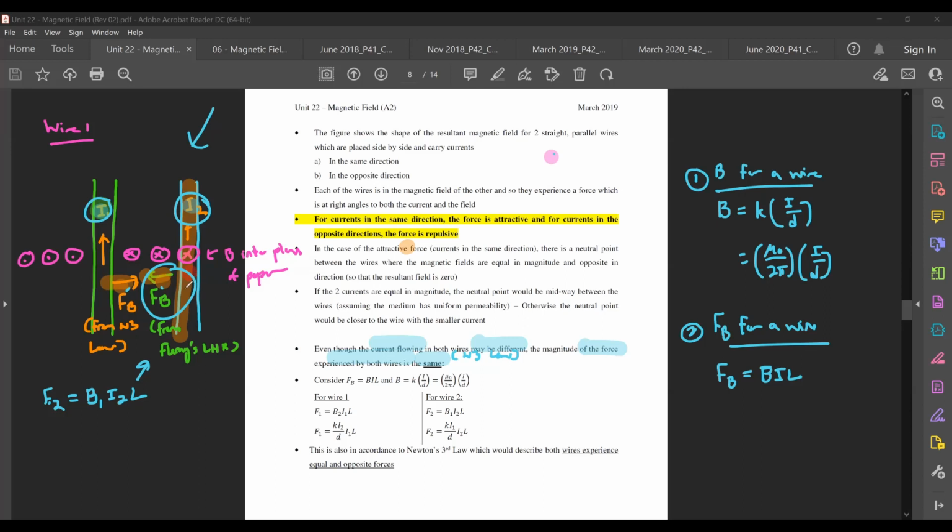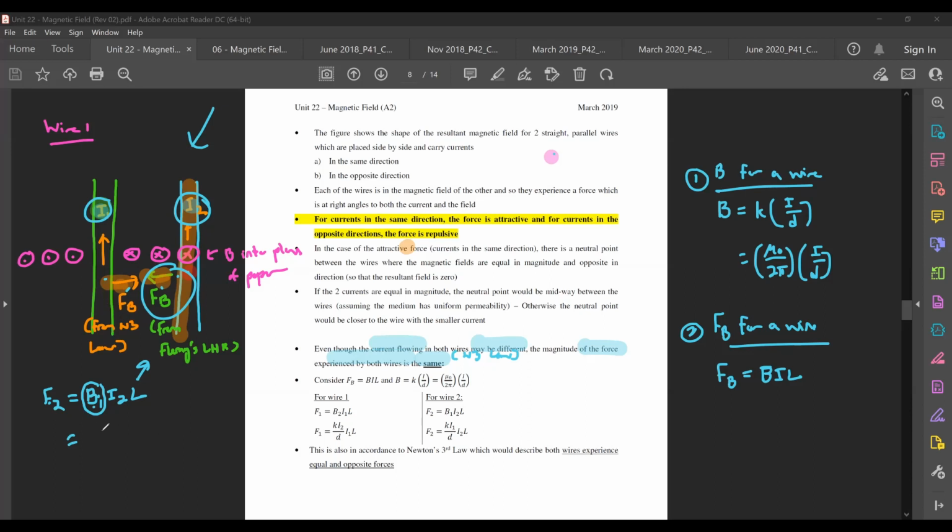I2 is the current flowing inside the wire. But why is it that I specifically put B1? The B1 here is because wire 2 is inside the magnetic field caused by wire 1.